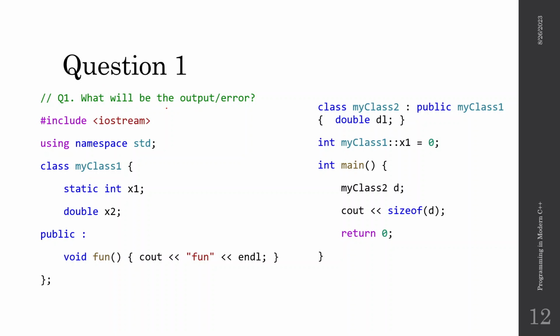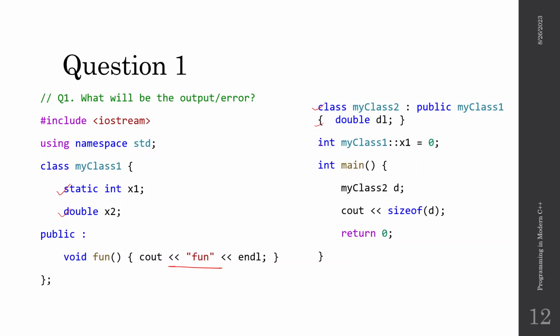Okay, so in this question we have a class C1, like my class 1, with a static data member x1 and a non-static data member x2, and then we have a function which just prints fun, and then we have another class which inherits from my class 1, and it adds another data member called dl.